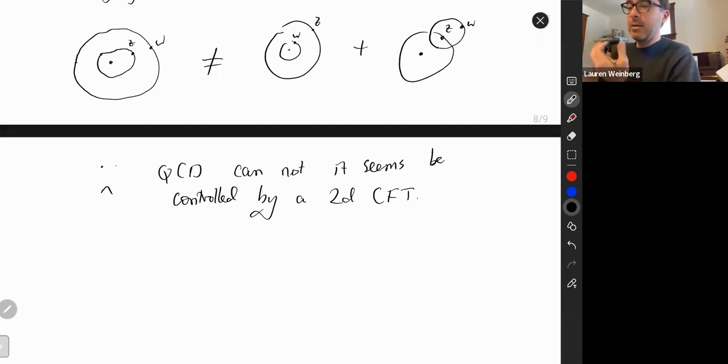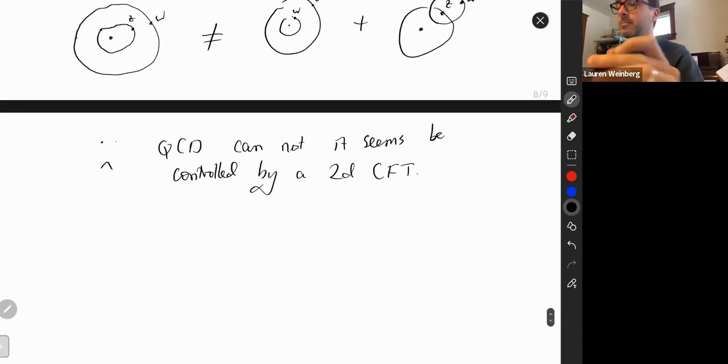If you have a strong formulation of what it means to attach a 2D CFT to it, then that just doesn't work at tree level.